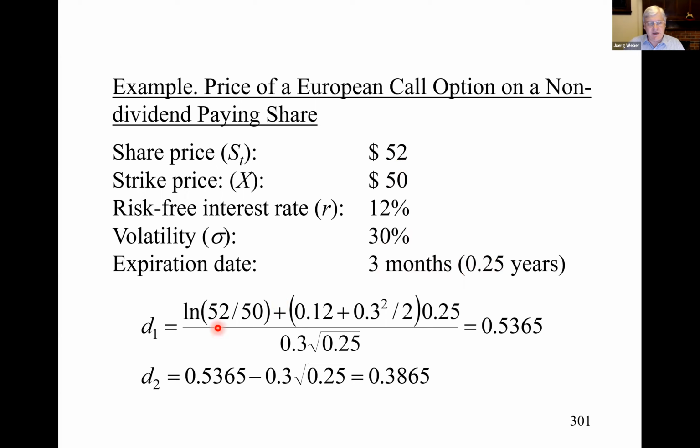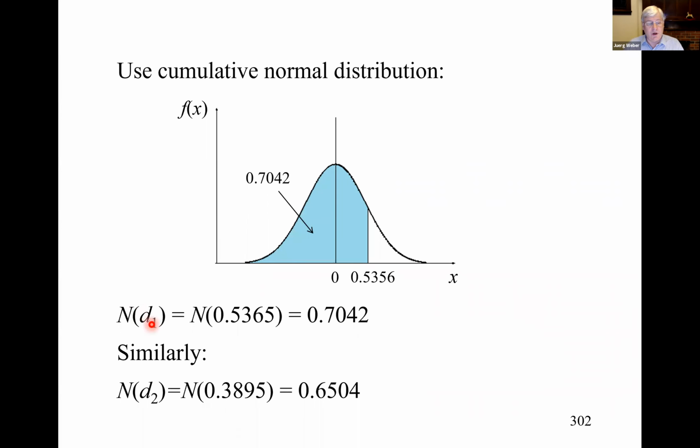So you plug everything in, you get the D1 and the D2. Just put it in. D1 is what you need, and D2 you need to get the value of the cumulative distribution. So D1 is here, and this area is 70.4%, the value of the cumulative distribution.